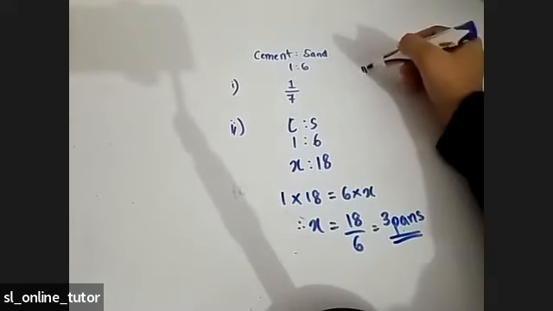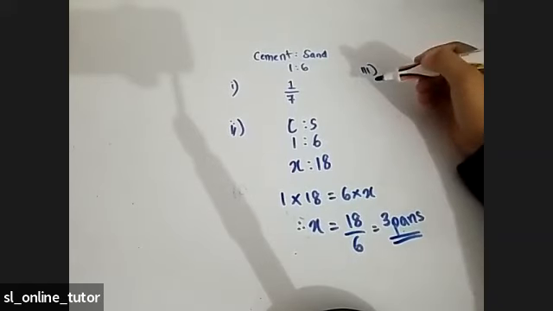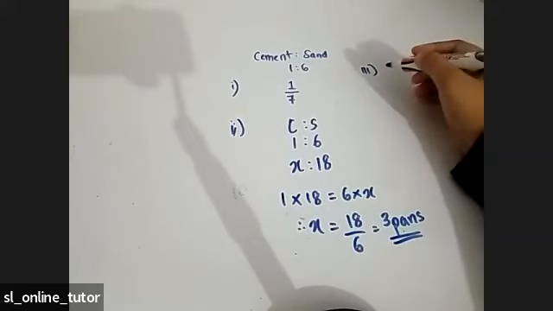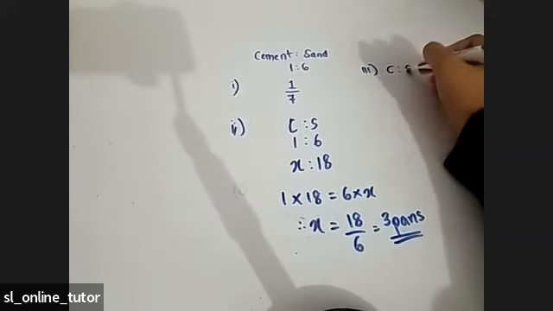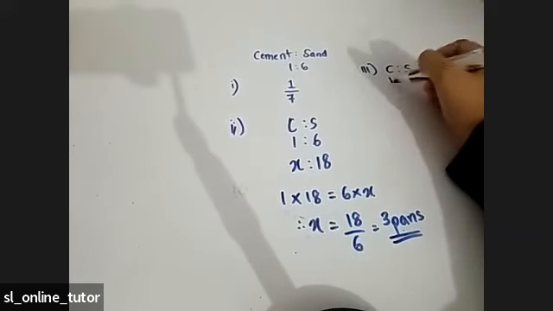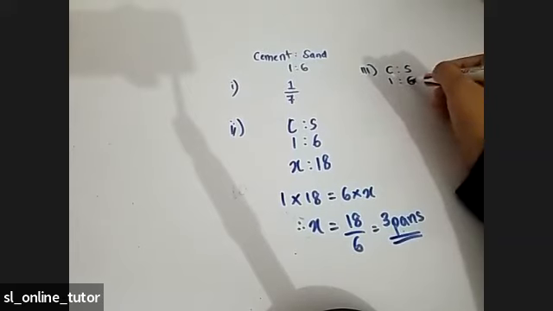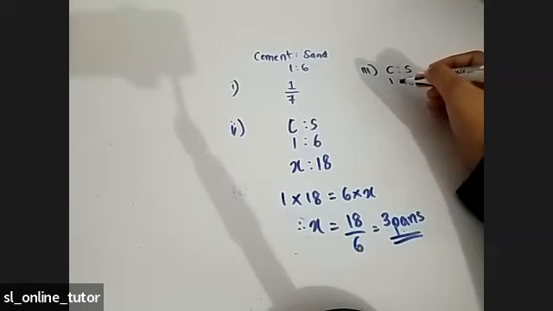Roman number 3, a certain bag of cement contains 5 pans of cement. First of all, we write the ratio. 1 bag of cement needs 6 pans of sand. Now they are saying a certain bag of cement contains 5 pans of cement.